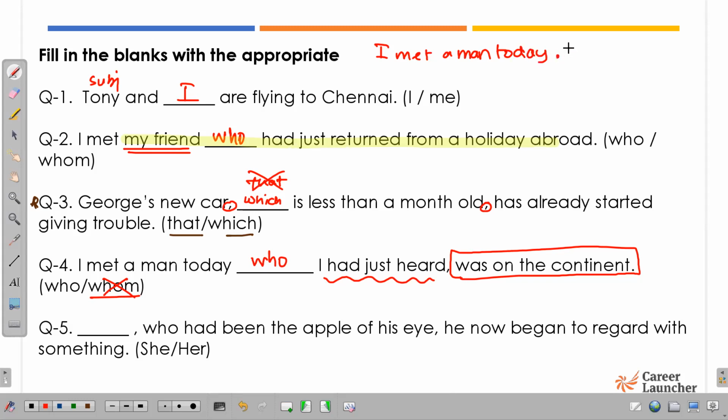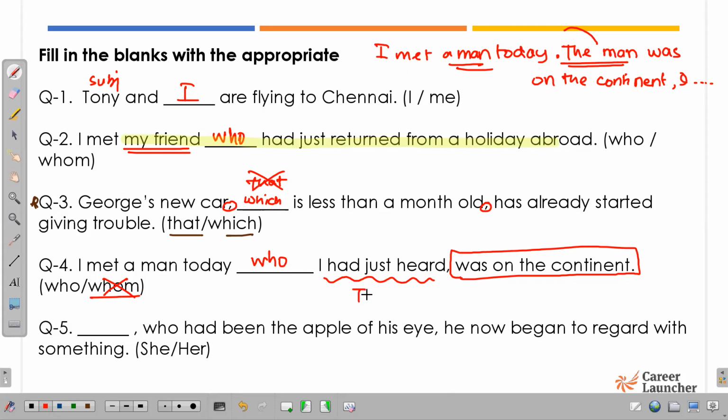Full stop. The man was on the continent. I had just heard. So when you join the man, the man I had just heard.